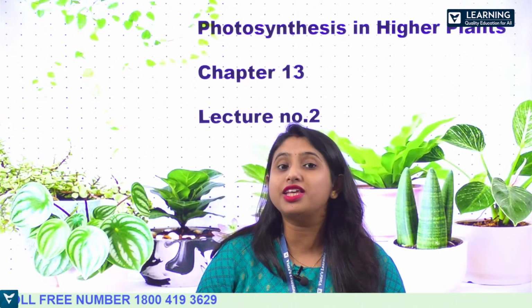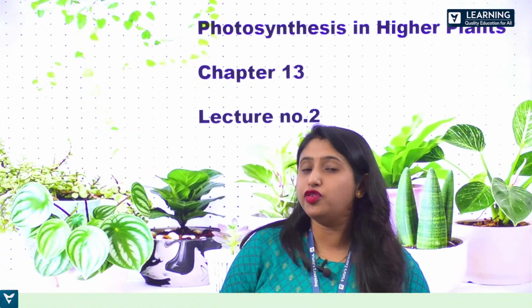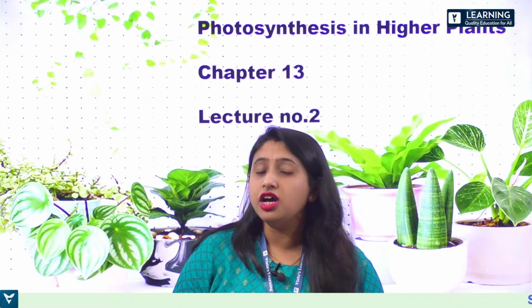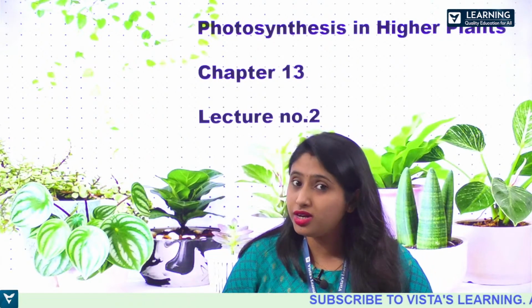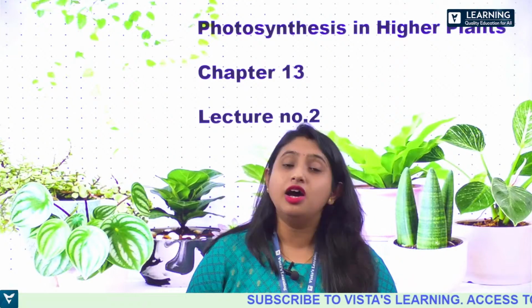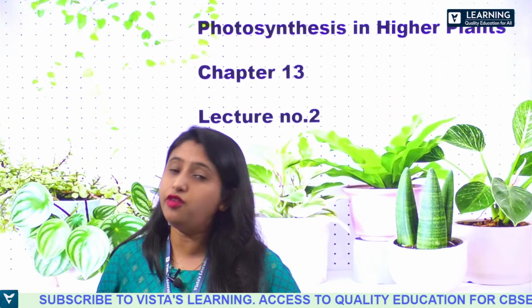Photosystem 1 and photosystem 2 are involved in what? Non-cyclic photophosphorylation. You studied non-cyclic and cyclic photophosphorylation, right? In cyclic photophosphorylation, only photosystem 1 is involved, whereas in non-cyclic photophosphorylation, both photosystem 1 and photosystem 2 are involved.